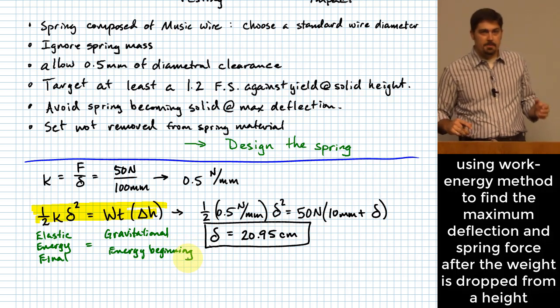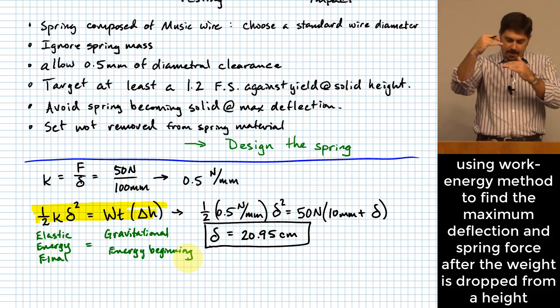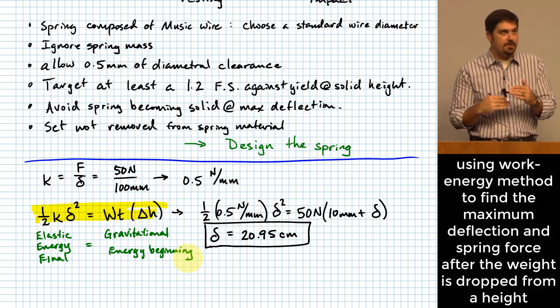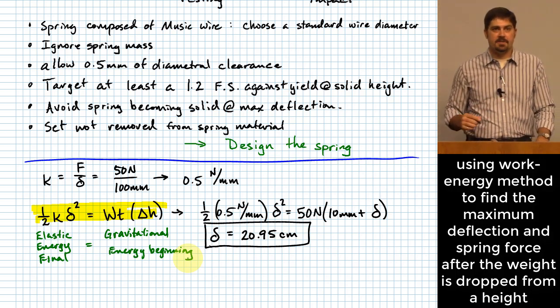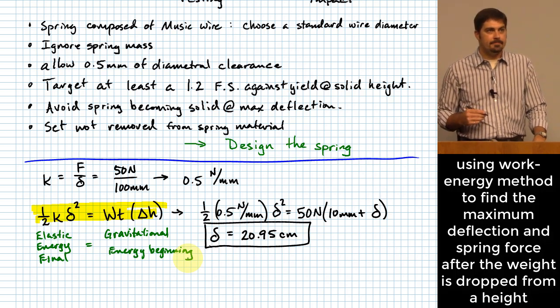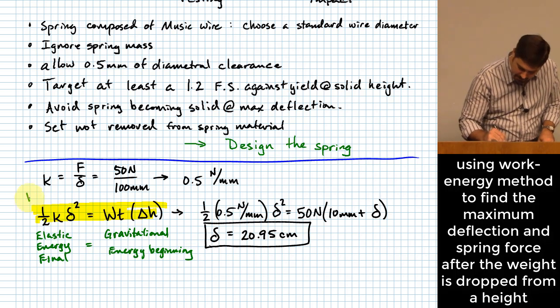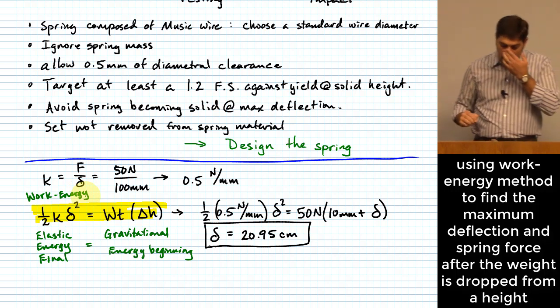Okay, and it's because all of that energy is stored as that gravitational energy beforehand, and after the process happens, when you reach maximum deflection of the spring, then all of your energy at that point is stored in elastically deforming the spring. Okay, so this just comes from work energy methods that you covered when you were in dynamics.